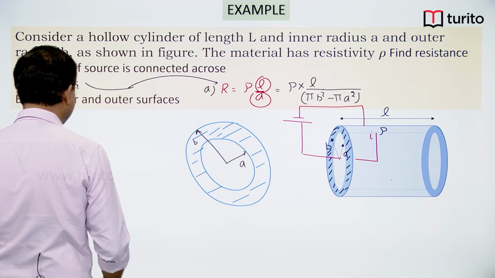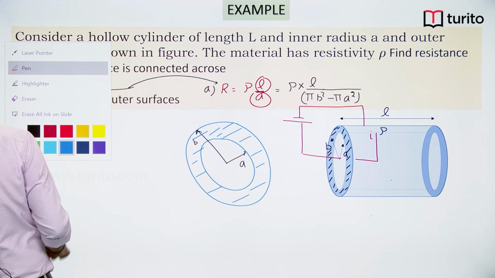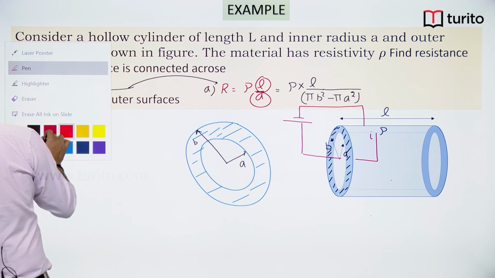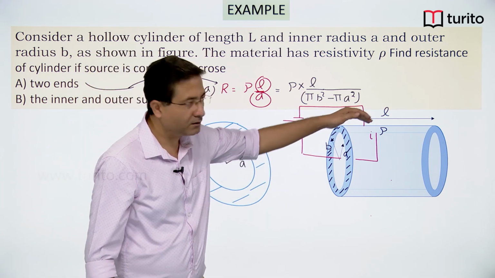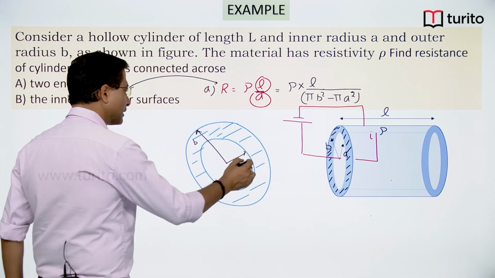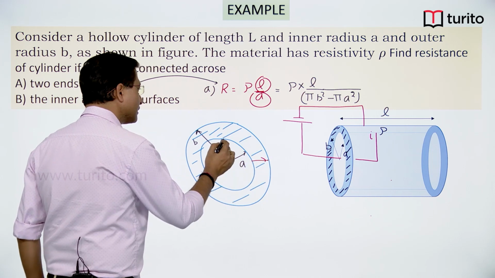So this is the cross section and the direction of flow of current. Current flows from inner surface to outer surface. So current will be flowing like this.